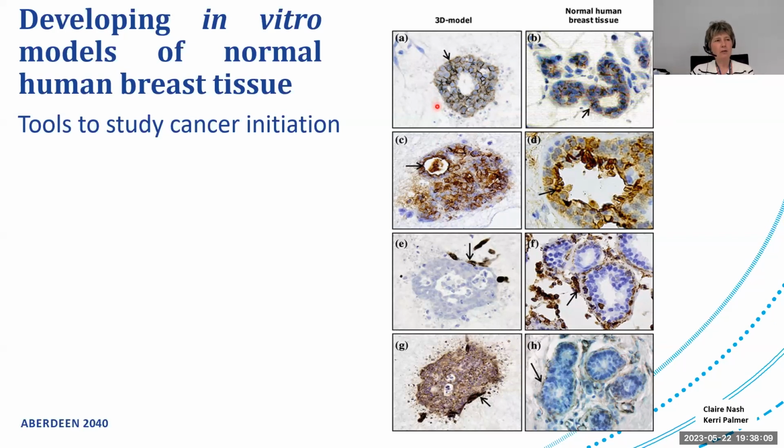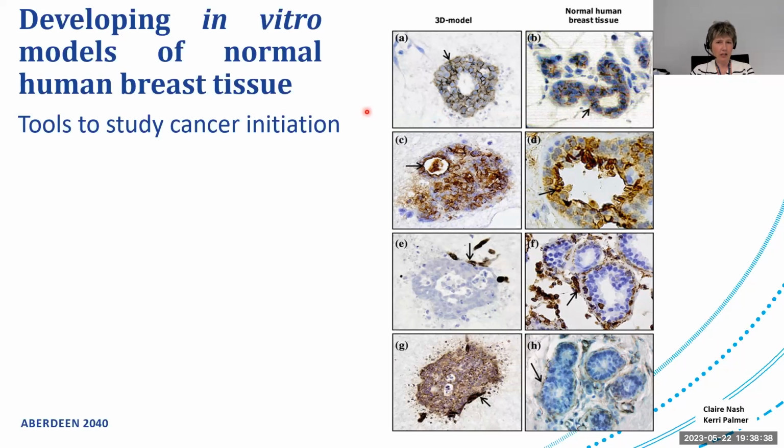And as I told you in the slide relating to the gastrointestinal PDOs, whereby they took the cells, disaggregated the cells and put them back together, the cells seemed to know where they should be in relation to their neighbours. And in fact, this is exactly the same here. These are the 3D models on the left-hand side, and this is the architecture of the normal human mammary tissue on the right-hand side.